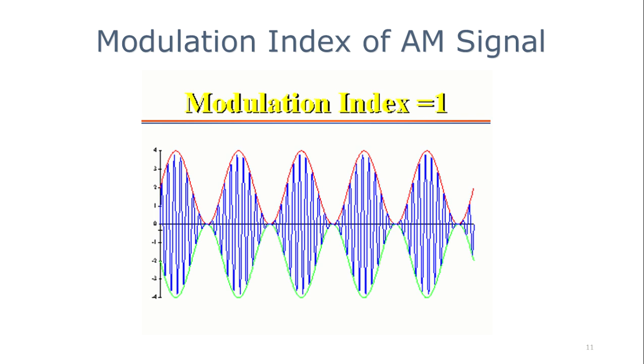In the diagram we have clearly explained that when the modulation index is 1, the envelope reaches the point 0. When the modulation index is 0, no information is transmitted in the signal. When K is greater than 1, the gap in between is removed, so loss occurs. So we maintain modulation index K equal to 1.